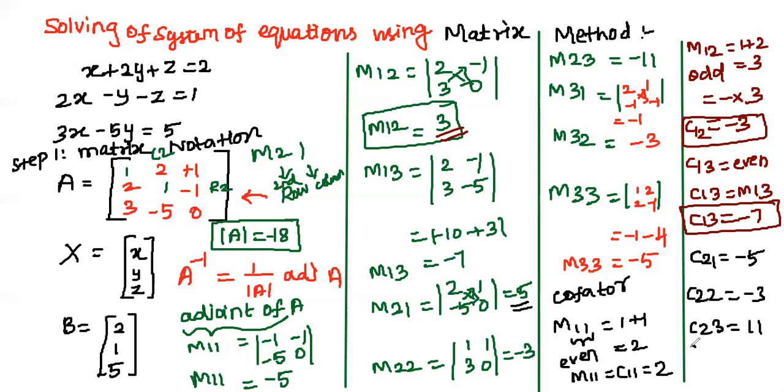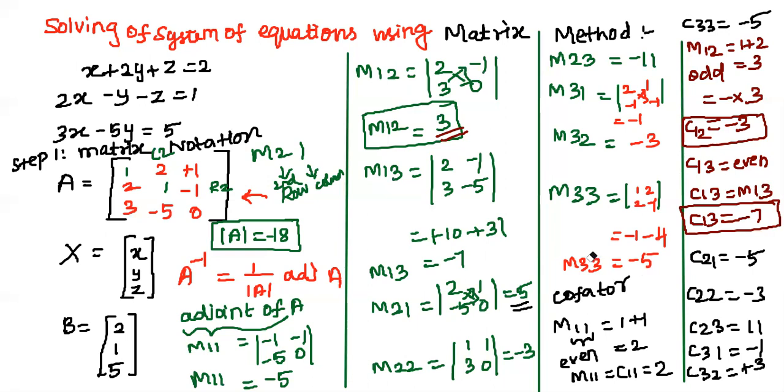So we'll be writing C31 as minus 1. And C32. What is C32 dear? 3 plus 2 will give you 5, which is odd. So minus 3 will turn into plus 3. And C33. 3 plus 3 is 6. 6 is an even number. So you'll be writing the M33 as C33. Just write it as it is. So you'll be having minus 5.